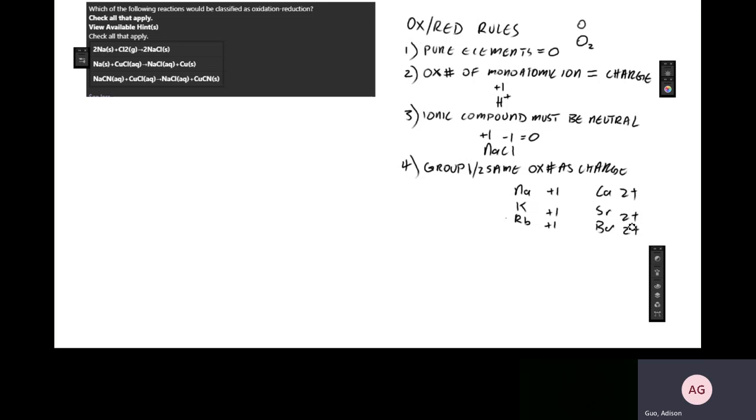And then next, we have these specific rules that you should remember. So that oxygen has an oxidation state of -2.